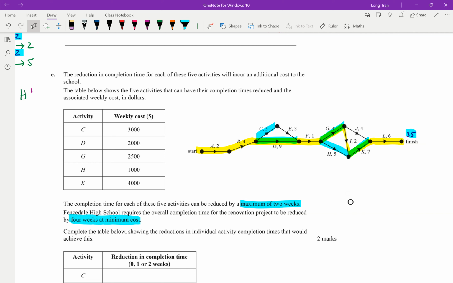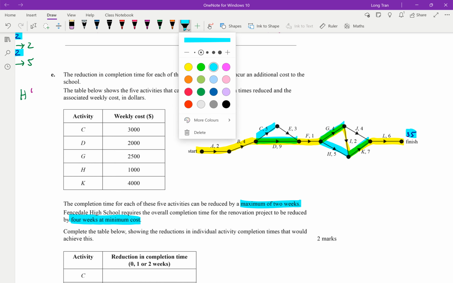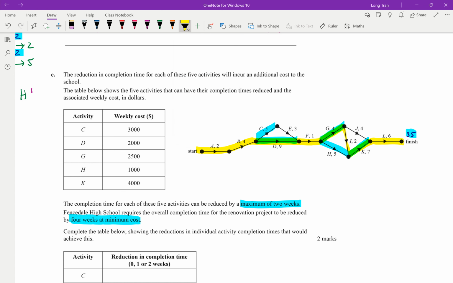Now, the tricky part is as you reduce, there's so many different options that you can reduce and which one is the best. So what I do is I normally look at the cost first. So I'd say, all right, out of all the ones that I can definitely affect the timeline of 35 weeks, well then it's D, G, and K. Those are on the critical path, right?